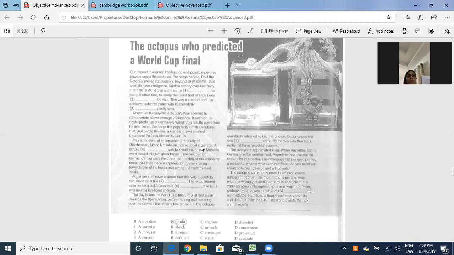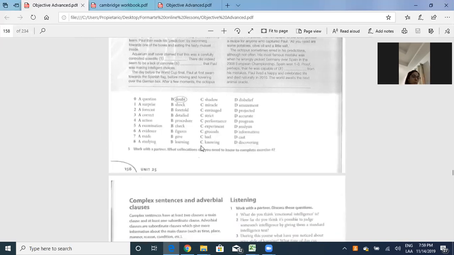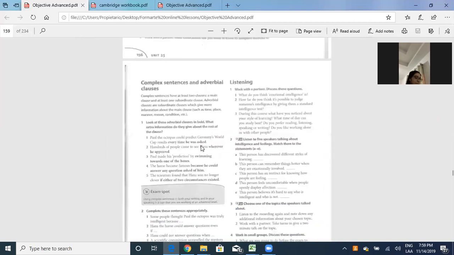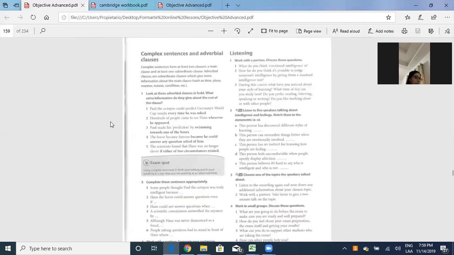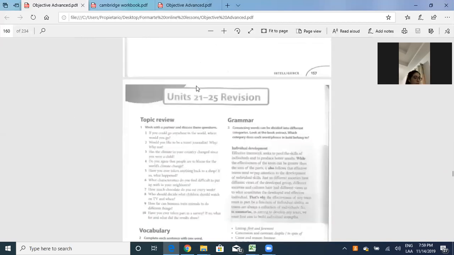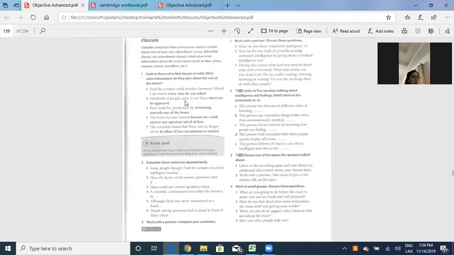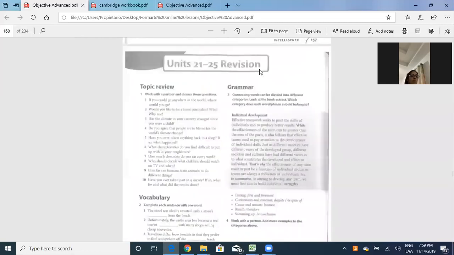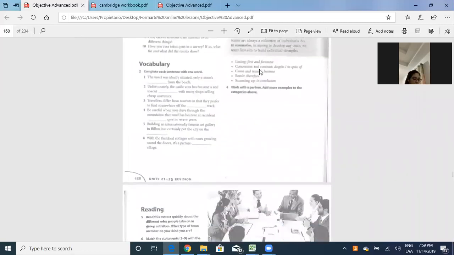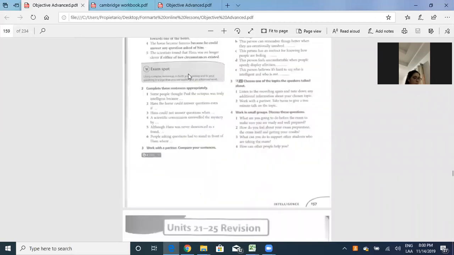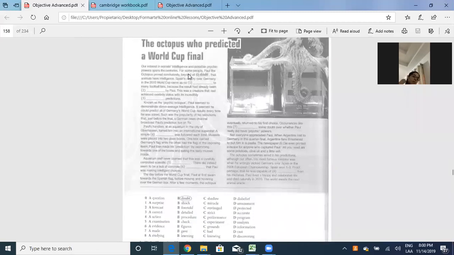Remember, they always give you a paragraph and they give you these options: A, B, C, or D. So let's do this part right now, and after that, I'm just going to explain to you a little bit of complex sentences and adverbial clauses, very quickly without practicing it, because we can do this practice at home. I'm also going to send you the audios for this listening part, and we can just do this grammar part here, and that will be it. But first of all, let's do this part.